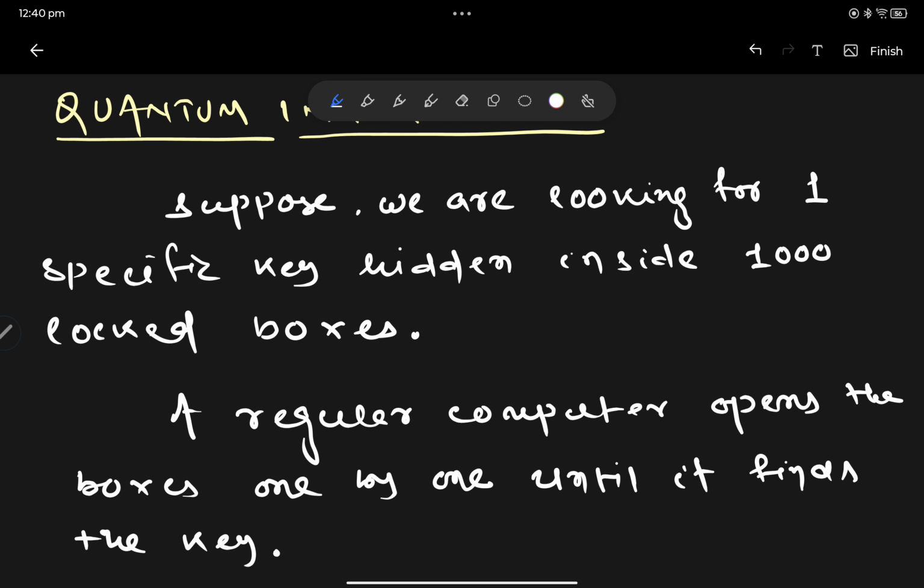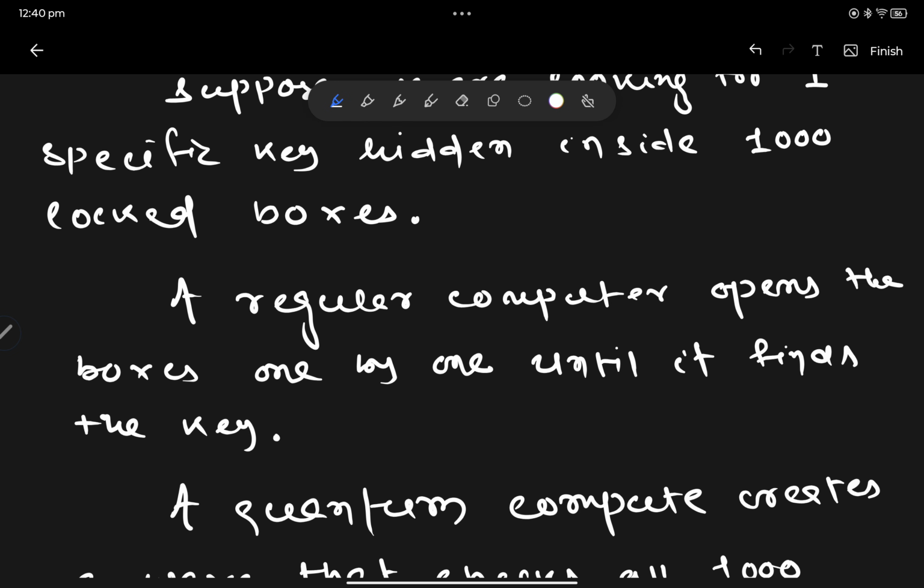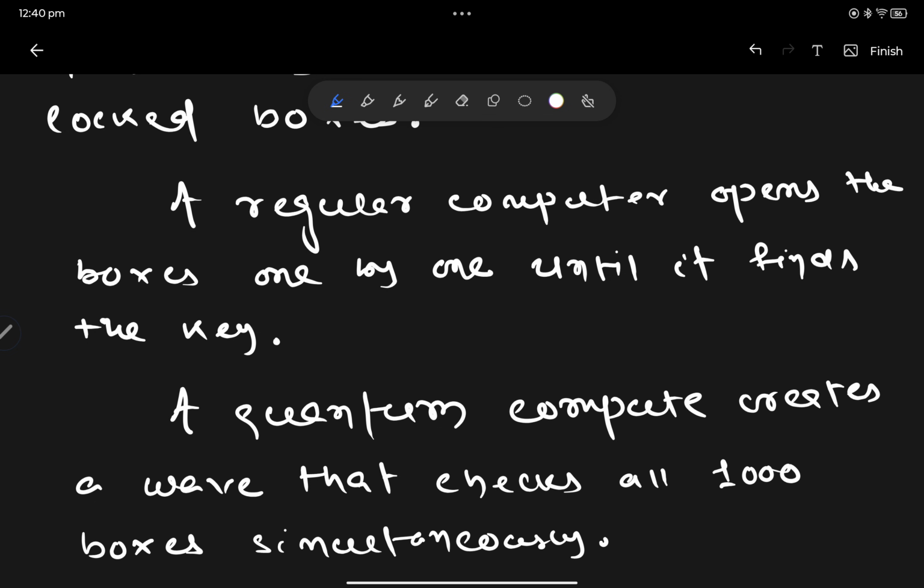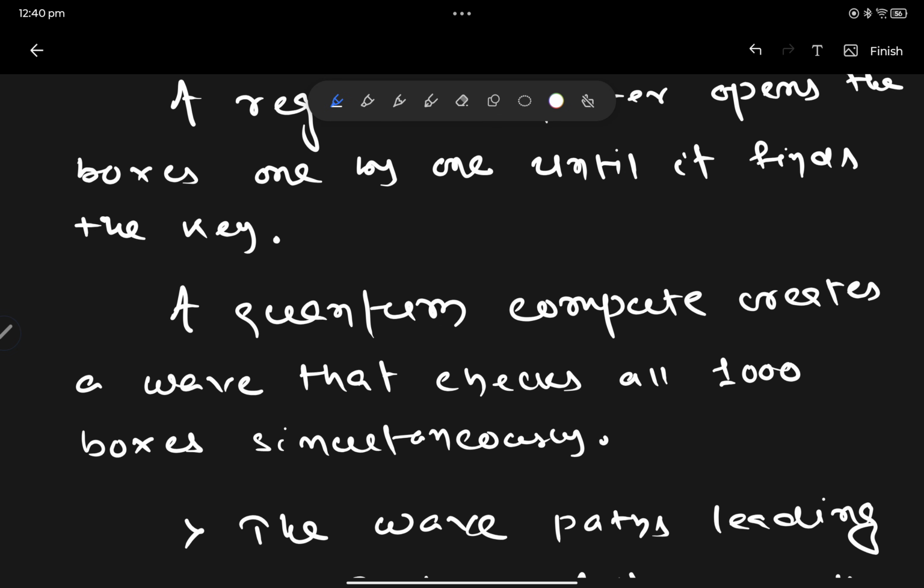The example I have taken: you are looking for one specific key hidden inside 1000 locked boxes. What would a regular computer do? It would open the boxes one by one until it finds the key. What would a quantum computer do?